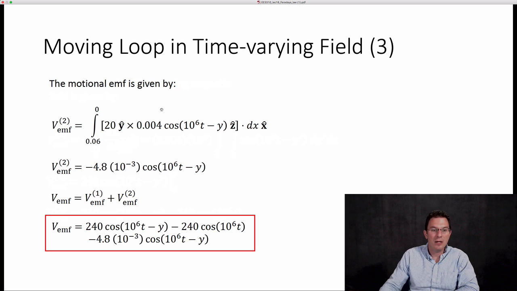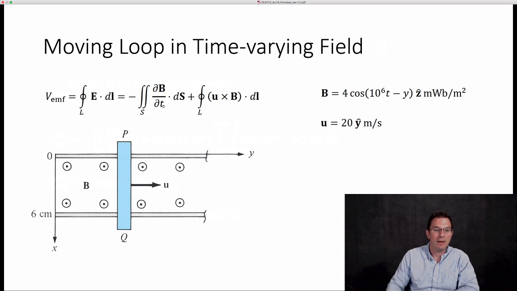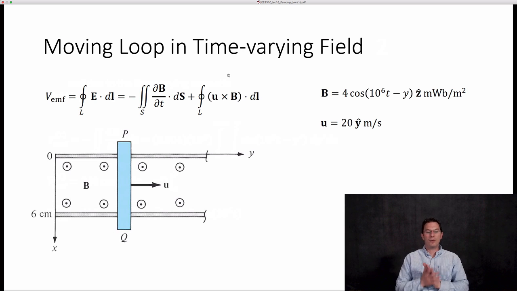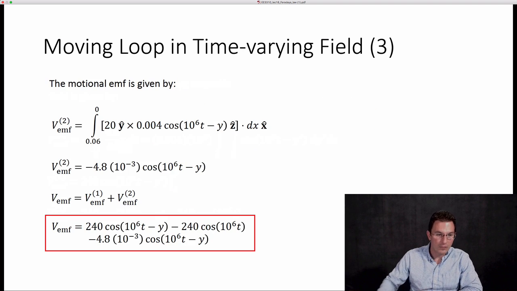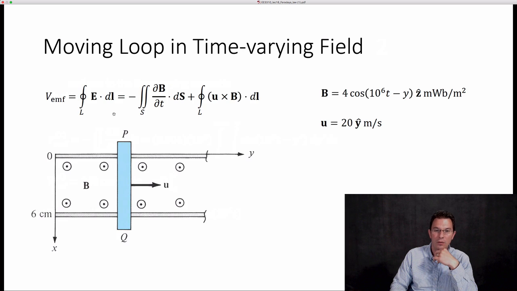Okay, now we need the second term in this equation right here. This is called the motional EMF, the integral over L of u cross B dot dl. Okay, well, here's the u term, 20 y hat, that's equal to u. And this is B right here. So we have to take, the formula says, u cross B dot dl, all right?